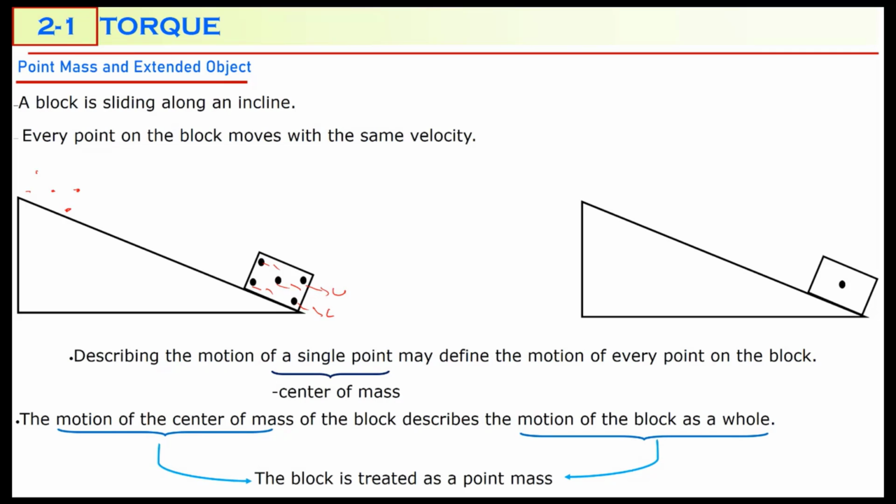You treated this block just like a single point, because wherever this single point goes, the object goes in that direction. So physics says that, yes, in this case, we are treating this object as a point mass, because studying the motion of one point, in fact, gives information about the object as a whole.